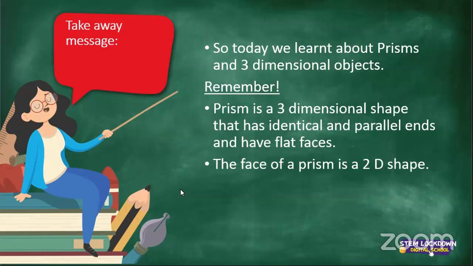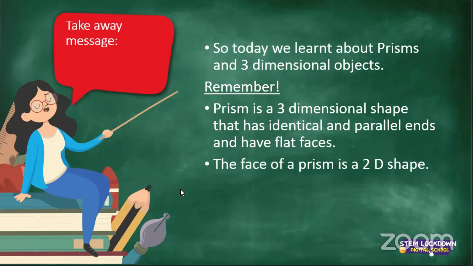One, a prism is a 3-dimensional shape, meaning it takes up space, that has identical and parallel ends and has flat faces. That's what you need to take home with you.